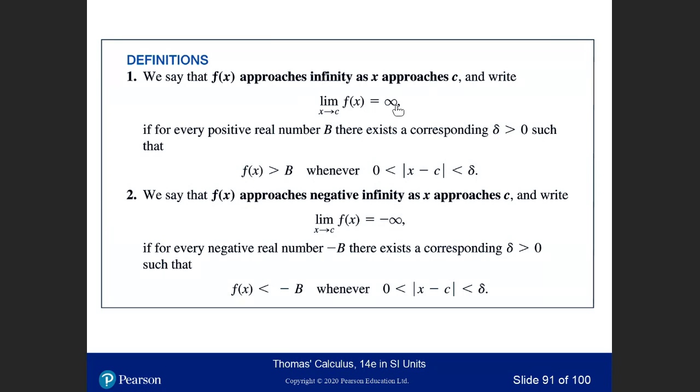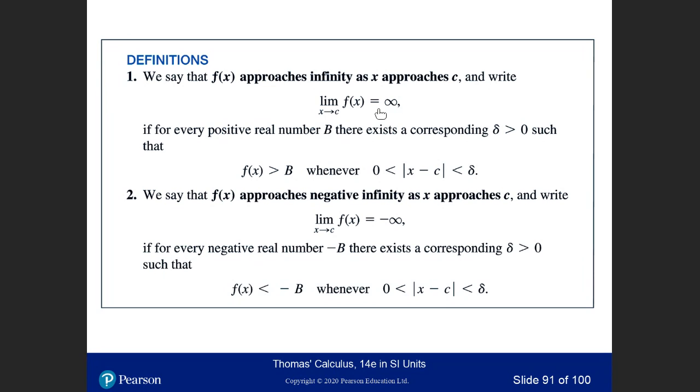The limit of the function might be infinity. Actually, this does not mean there is a limit. But if the function grows too much as you go to c, then we show this as infinity. It does not mean that the limit exists, but we call it an infinite limit.